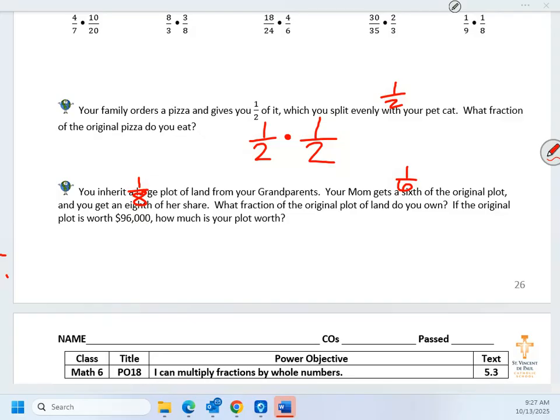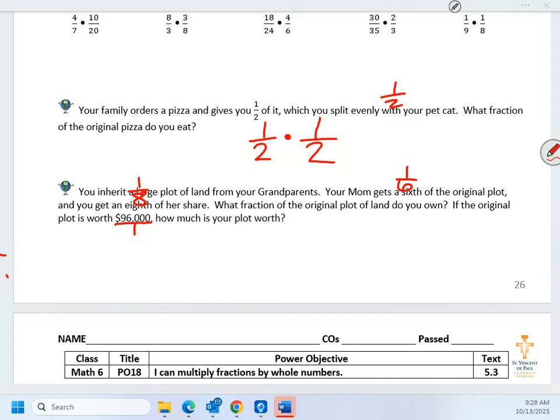Second step. If the original plot is worth $96,000, how much is your plot going to be worth? So you have to figure out how much land you get, what's the fraction, and then we're going to multiply that by that $96,000 over 1.